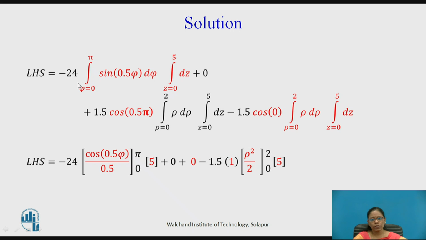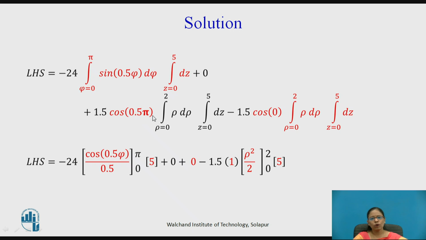Now the one which is colored in red, this one is solved here. As you can see, integration of sine is nothing but cos. So it has given cos 0.5 phi divided by 0.5. Limits as usual, whatever is written here, the same limits we have taken. Integration of dz is z with the limits 0 to pi, which will give me the value pi. This is 0 as it is. Now here this is 1.5 cos 0.5 pi.